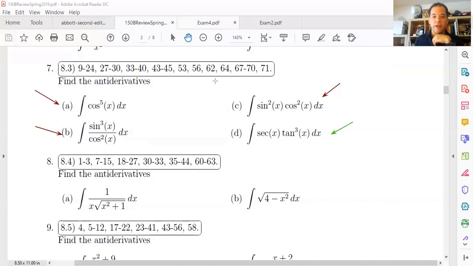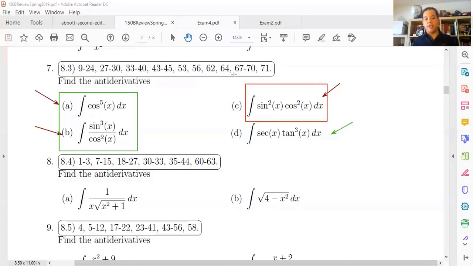And so that would be like these ones over here. And these would be considered easy, these green ones here, because we have an odd number on top, cosine to the 5th or sine to the cube. If both of them are even, those are the hard ones. All right, so this one over here would be considered hard.